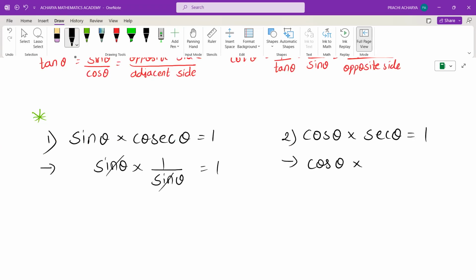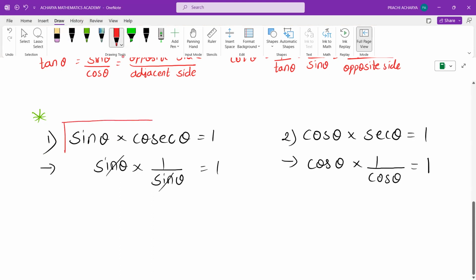Cos theta into sec theta can be written as cos theta into 1 upon cos theta, which will always give you 1. So directly you can remember this.